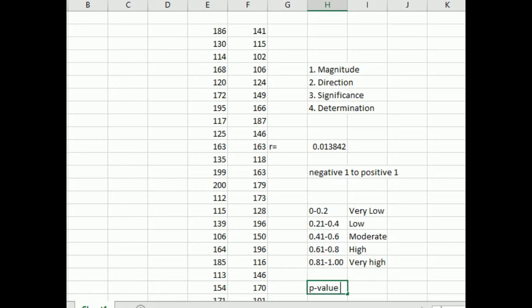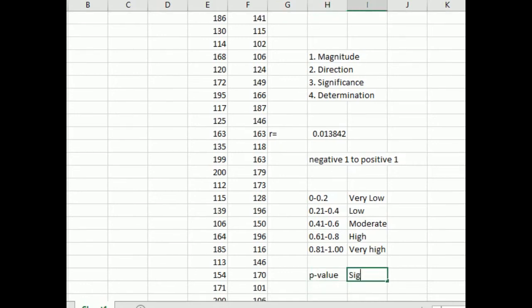Sig means significance, and the cutoff is around 0.05. For social sciences, if your p-value is less than 0.05, then it is significant. So without looking at the table of values, this kind of R is not significant because it has a very low relationship. The last one is the coefficient of determination.